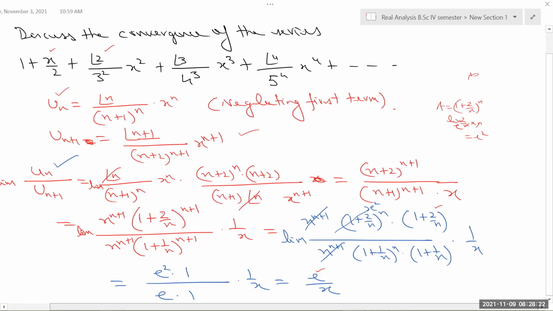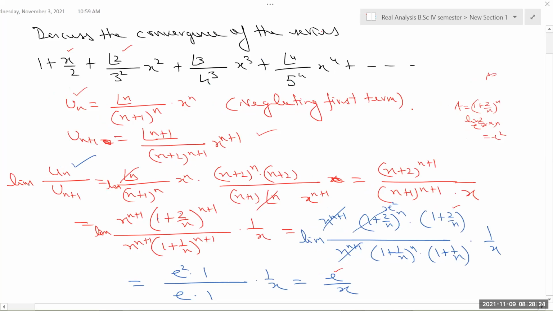I have not written the limit here. If the limit is there, then I need to write the limit everywhere. So this is basically n plus 2 to the power n plus 1 upon n plus 1 to the power n plus 1 into x.